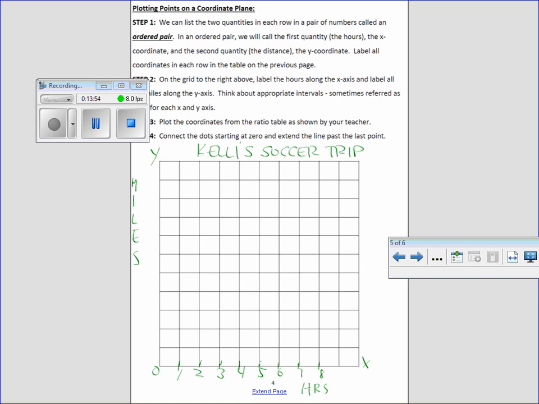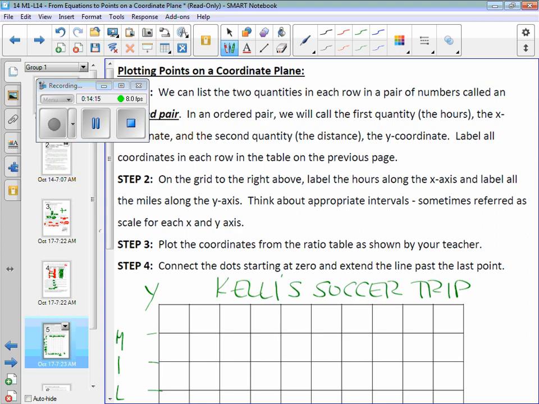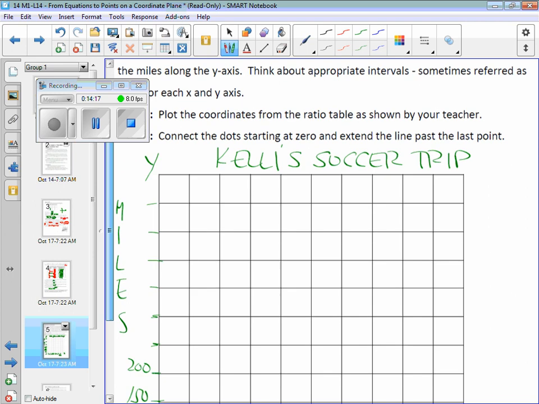Then my tick marks going up will be here, and we're going to count by 50s. That represents our miles. A little tight, but I can get it in. I may have to go back to full screen or half screen. It's too small. I want to be able to see it better.